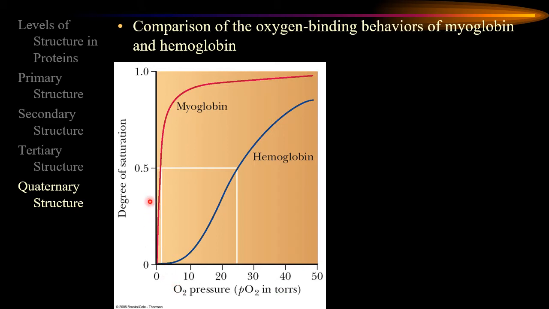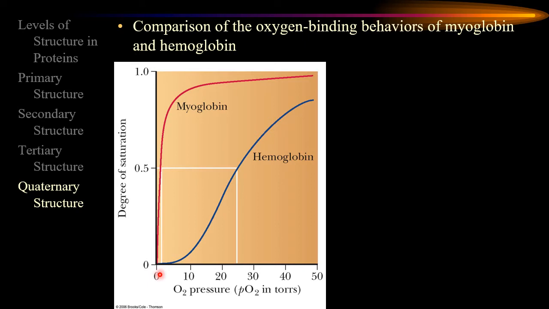For myoglobin, notice how steeply the curve rises as a response to oxygen pressure. In other words, myoglobin picks up oxygen quite readily, even if there's just a few moles. Again, reminder, the pressure of oxygen is proportional to the number of moles of oxygen present, the concentration.